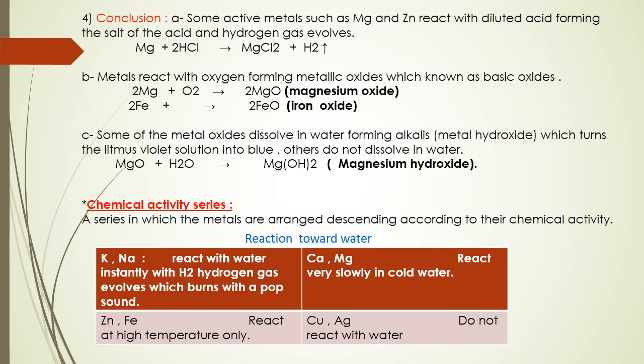Potassium and sodium react with water quickly, with hydrogen gas which evolves with a pop sound. Calcium and magnesium react very slowly in cold water, and zinc and iron react with water vapor at high temperature only. And copper and silver don't react with water.